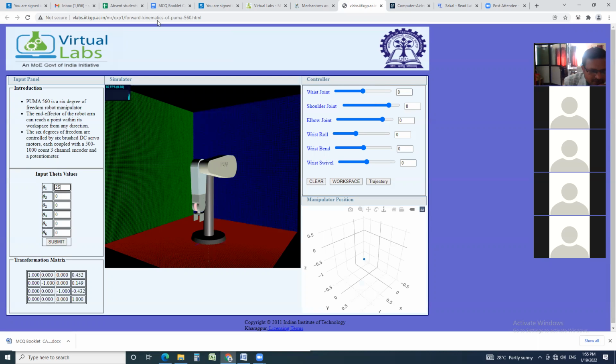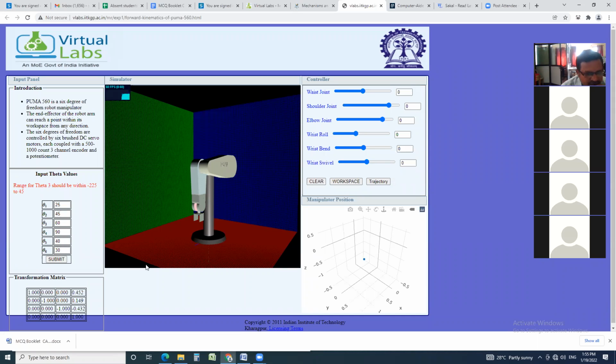First we will enter 25, 45, 60, 90, 40, and for theta 6 we will enter 30. Theta 3 should be between minus 225. We will write 40.